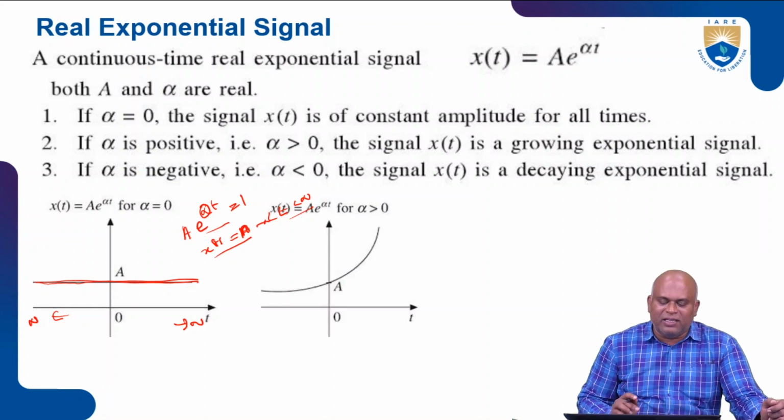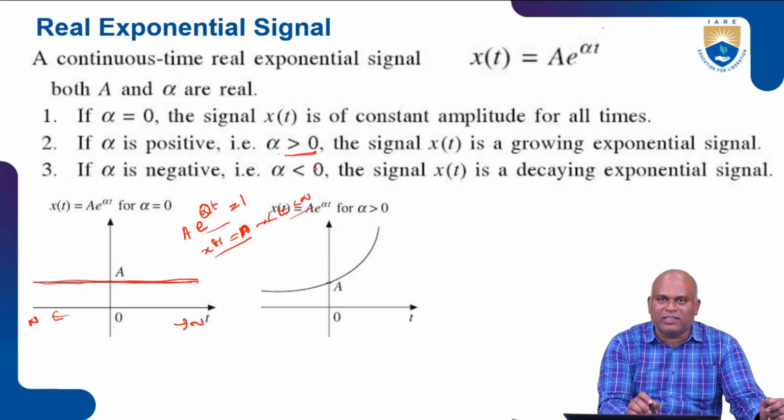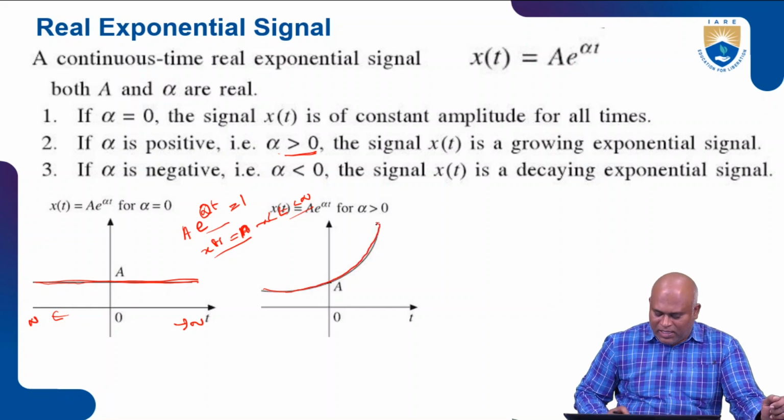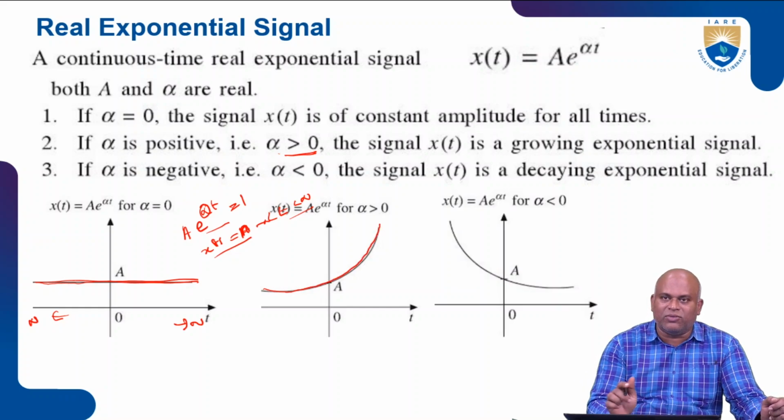Next case, if alpha is greater than 0, the signal is a growing exponential signal, growing exponentially. If alpha is less than 0, the signal is a decaying exponential signal.